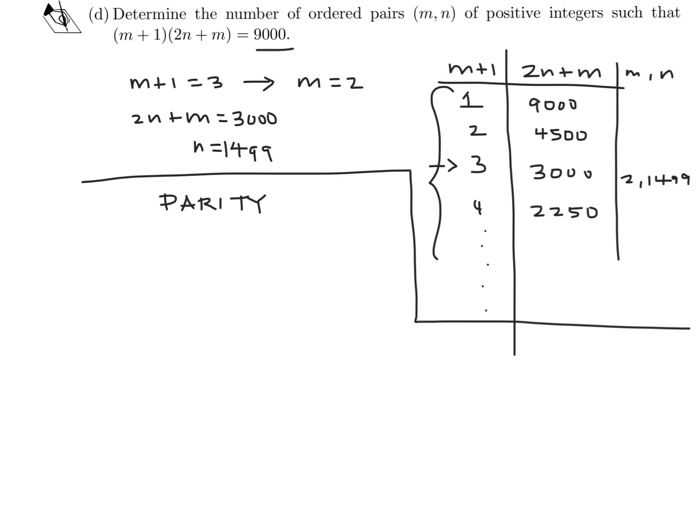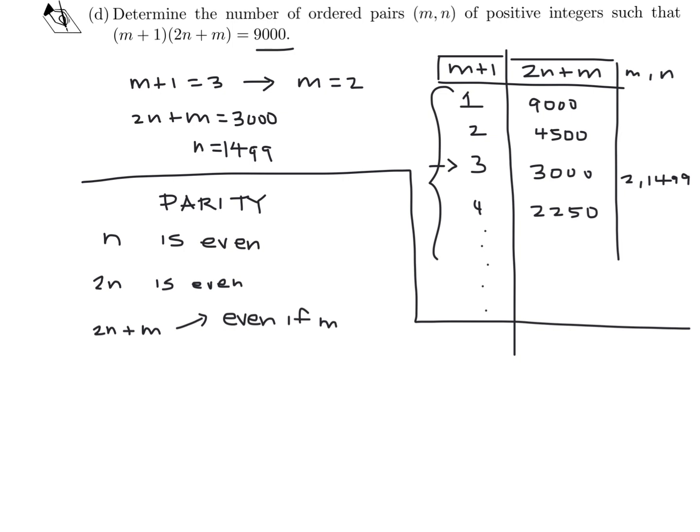So here we go. We're looking at n and m. First, if n is even, that's our first scenario, we're going to see what happens. If n is even, then I'm really concentrating on these two, m plus 1 and 2n plus m. If n is even, 2n is even, and therefore 2n plus m would be even if m is even, correct?